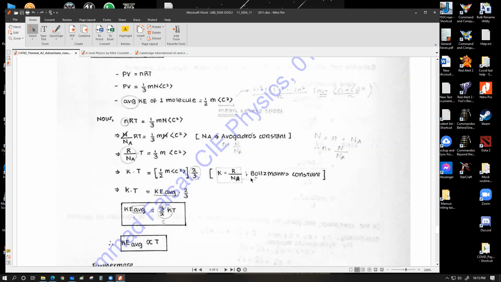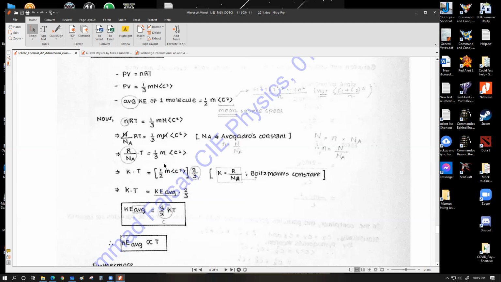So basically Boltzmann constant is how much energy is required to increase the temperature of one particle by 1 Kelvin. You're dividing that joule amount over Avogadro's number of particles. So Boltzmann constant is given by R divided by Na. So we are replacing that R by Na with K. K is the Boltzmann constant symbol. So K into capital T gives you this whole thing.